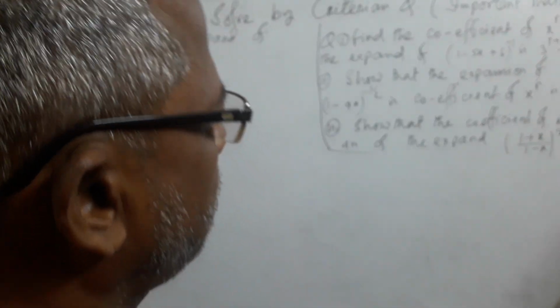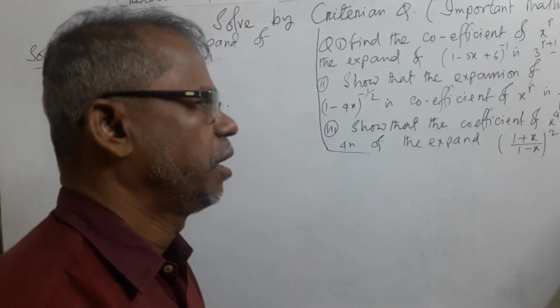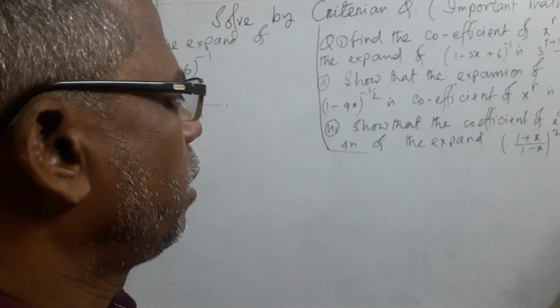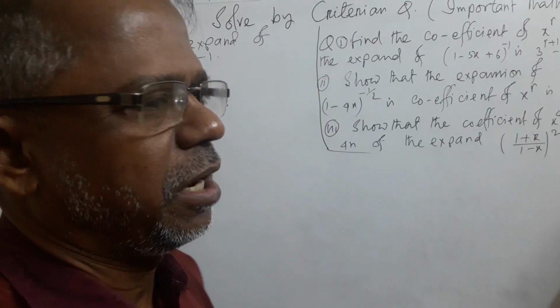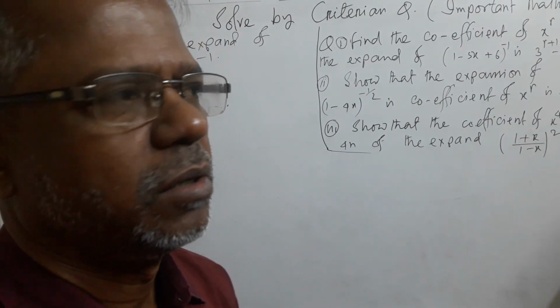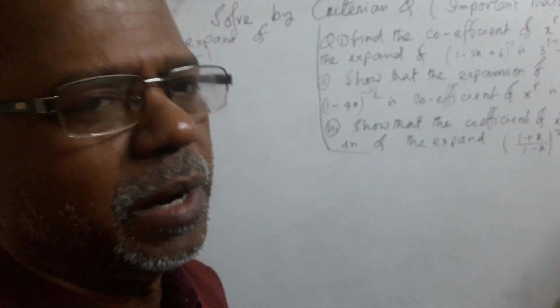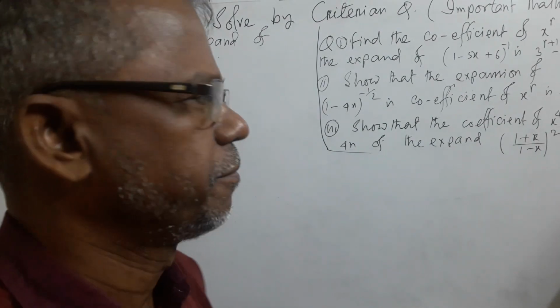And third, show that the coefficient of x to the power 4 in the expansion of (1 plus 2x)(1 plus x) divided by (1 minus x) whole square.